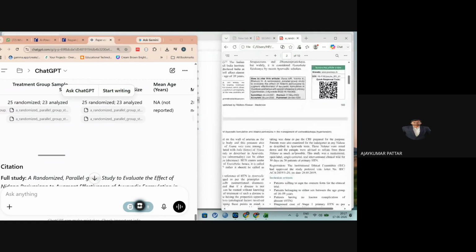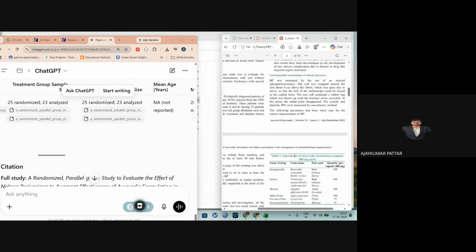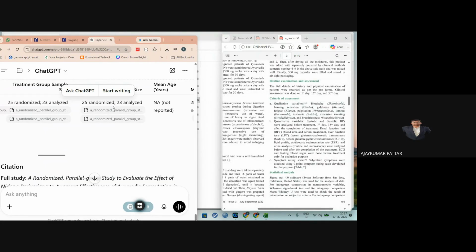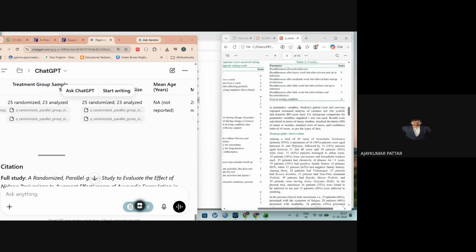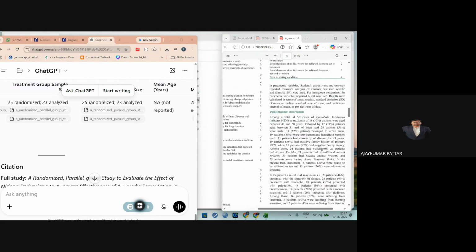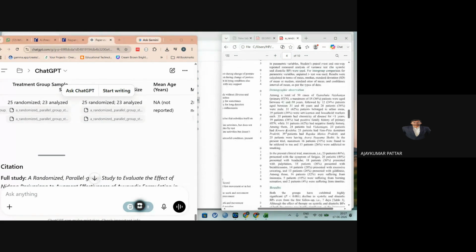We have to confirm whether 23 were analyzed, and why 23. Whether they have mentioned it. Can you see here?